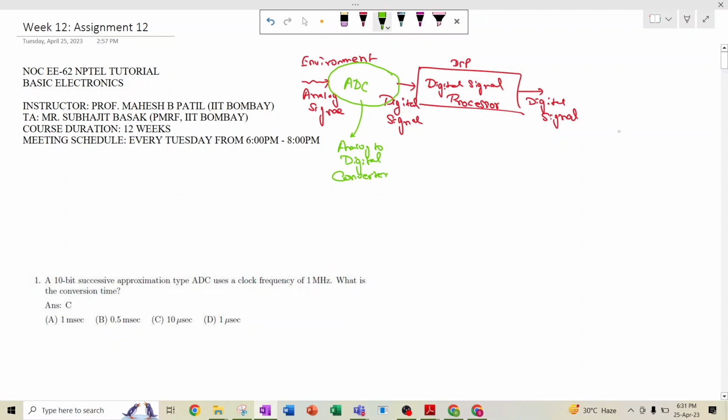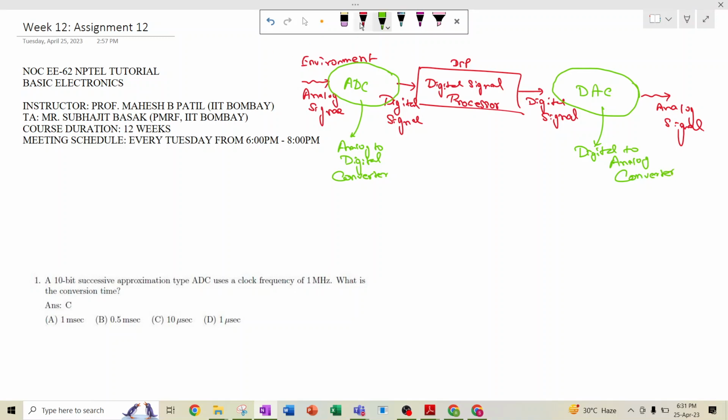So here we need one more thing, known as the DAC, the digital to analog converter, which can take the digital signal as an input and give an analog signal as output. So this is the basic reason where we need the ADC and the DAC.